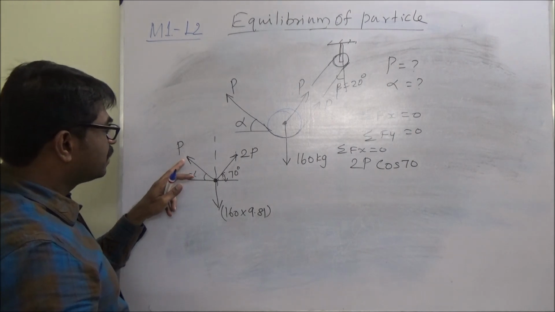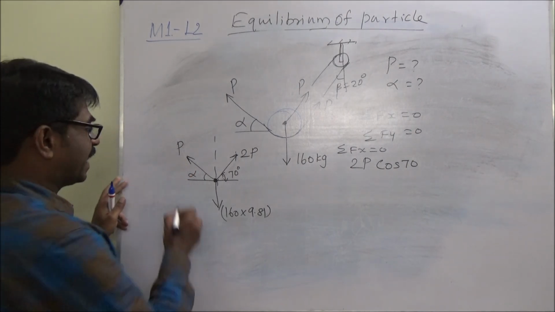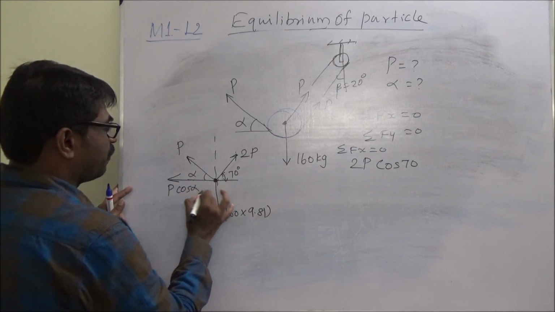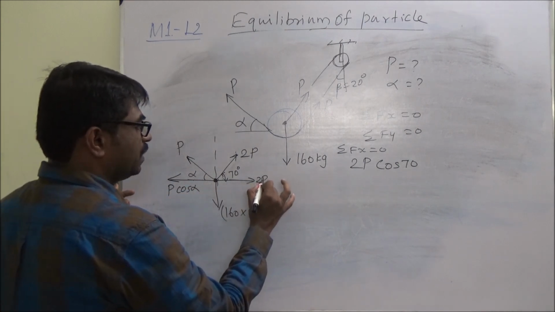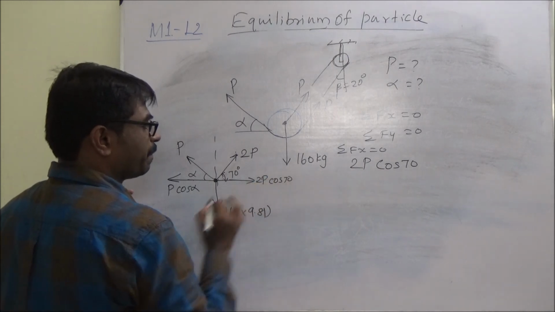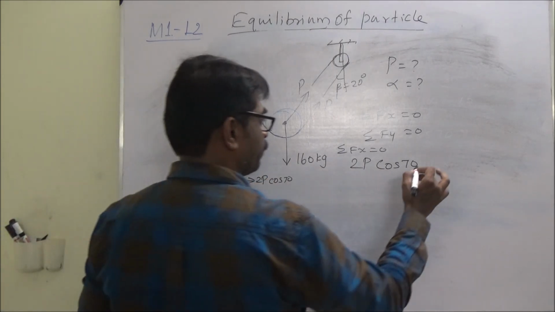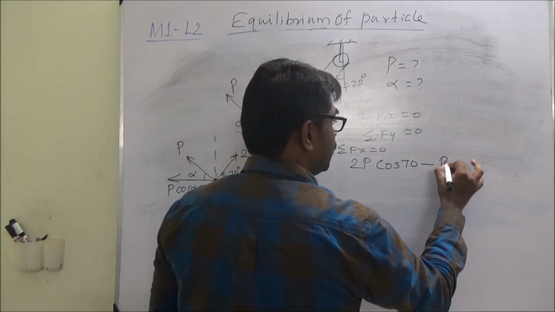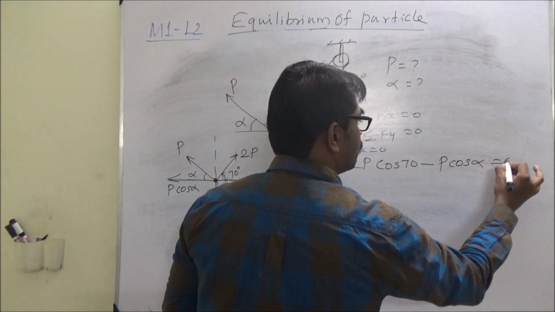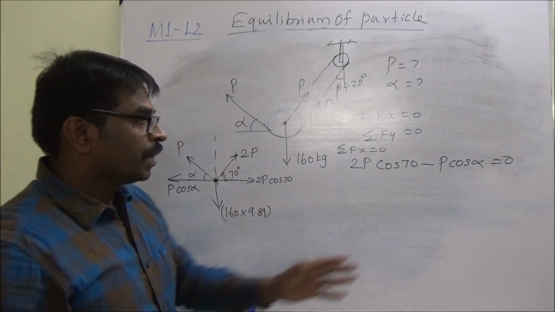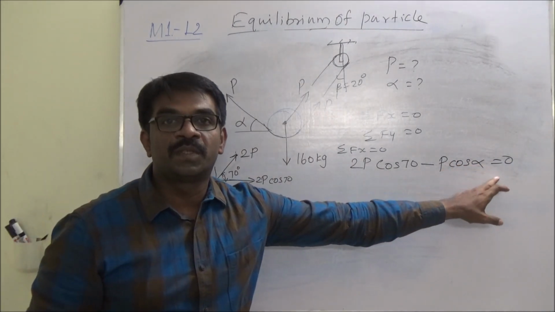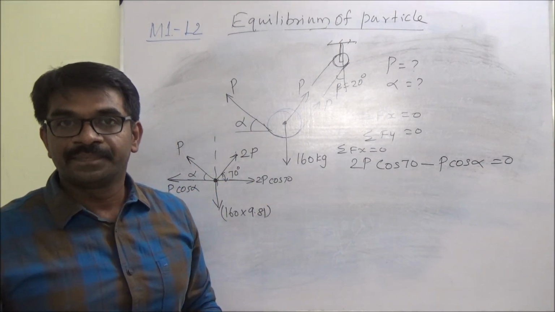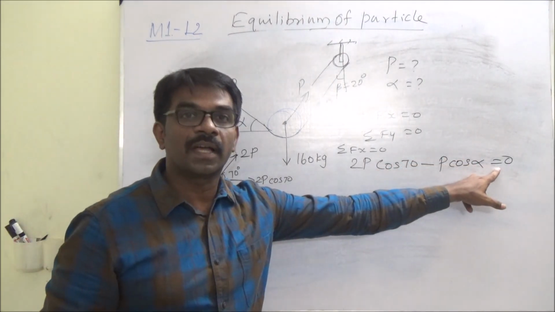And then this is pointing this side, so you get p cos alpha. So minus p cos alpha equal to 0, because this is pointing away. Many times students forget to put this equal to 0, then they do not know what to do further. So equal to 0 has to be there.